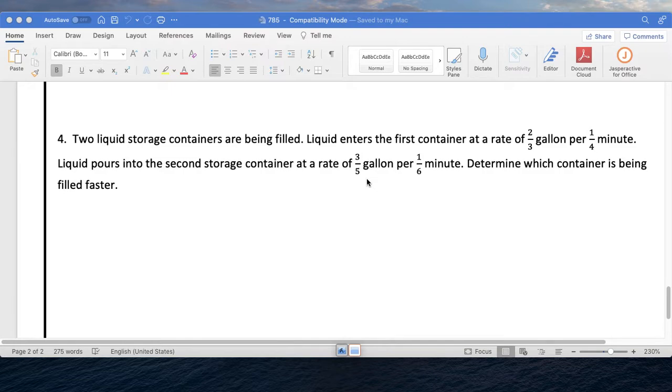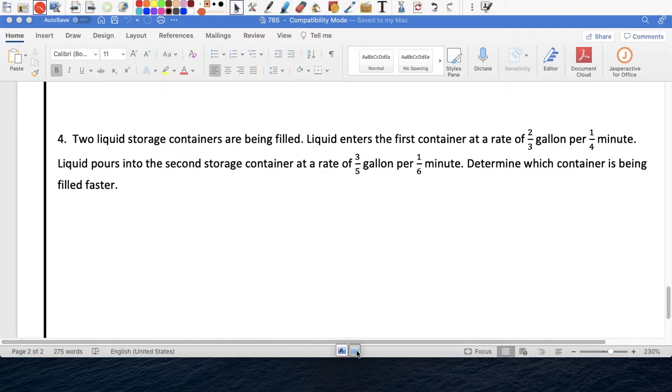Now this one is 2 containers. Which one is filling faster? Which container is getting more liquid poured into it? So let's again compare, and in order to compare we need the unit rate. So this one is gaining 2/3 of a gallon in 1/4 of a minute.